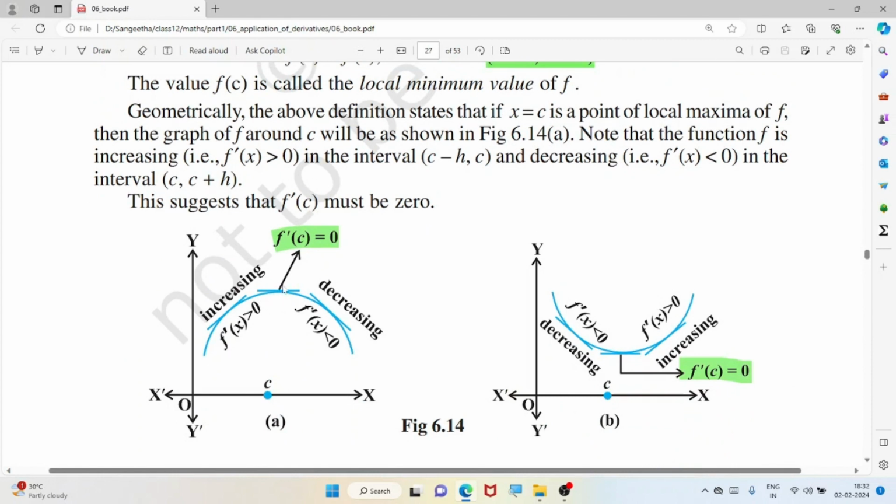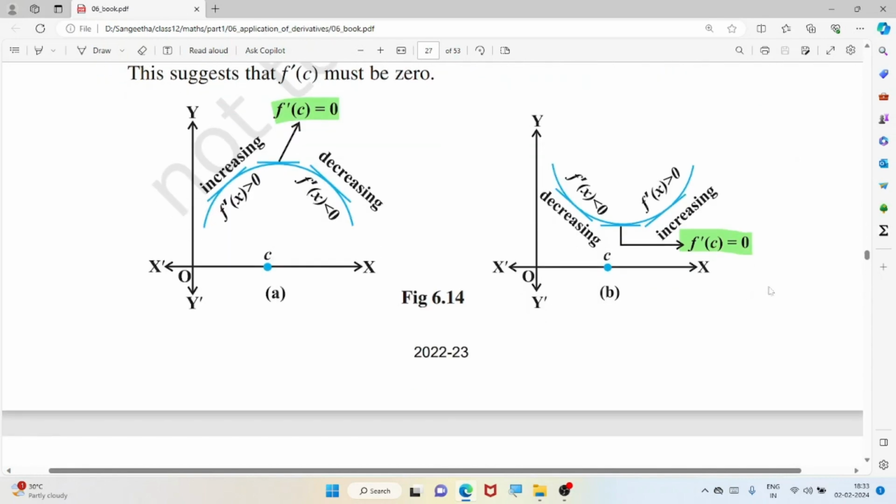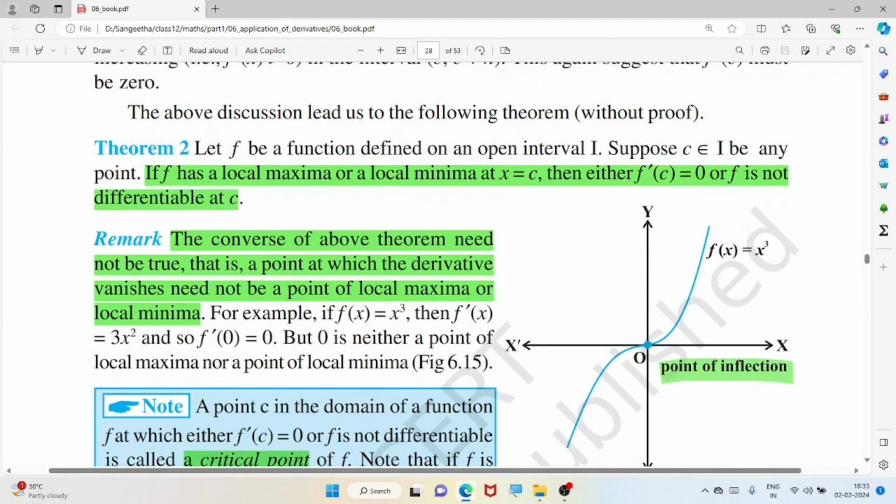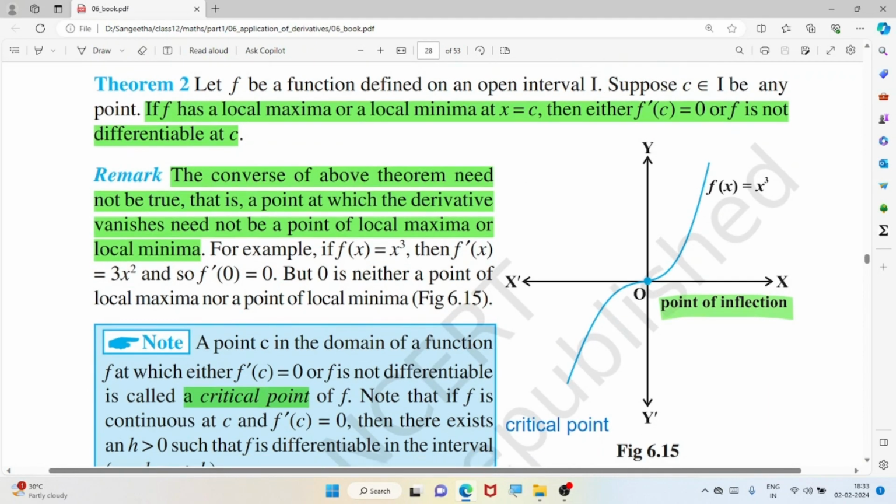Here f dash of c is 0, that is, the slope is 0. Here increasing, decreasing; here also 0, decreasing, increasing. Local minima at x equals 3. f is not differentiable at c.